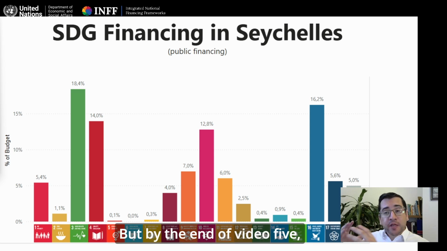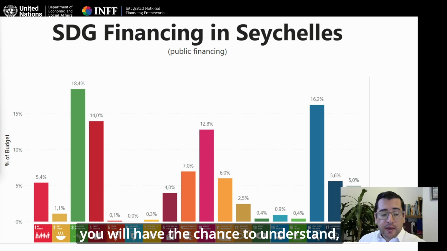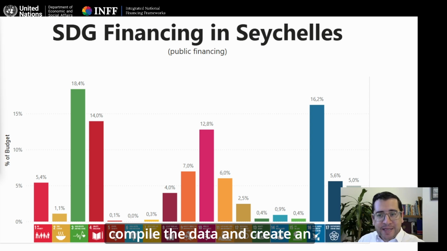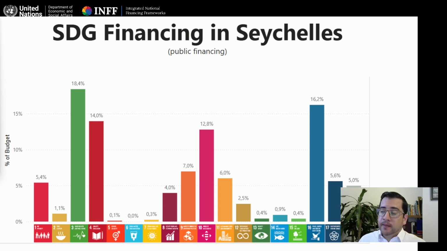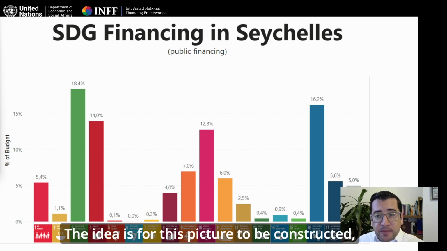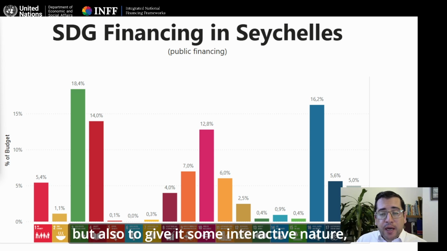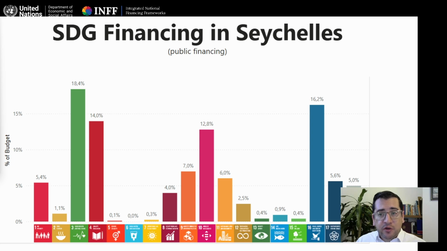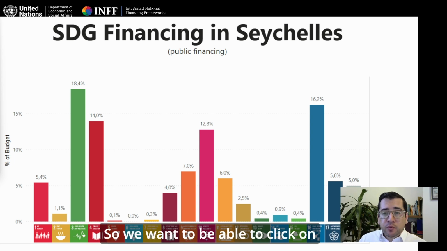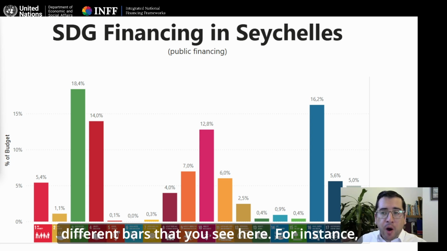But by the end of video 5, you'll have the chance to understand, compile the data, and create an interactive version of this chart. The idea is for this picture to be constructed, but also to give it some interactive nature, right? So we want to be able to click on different bars that you see here.